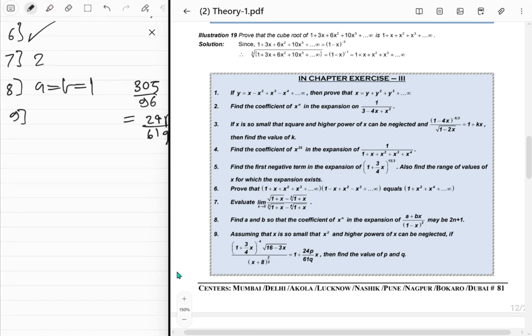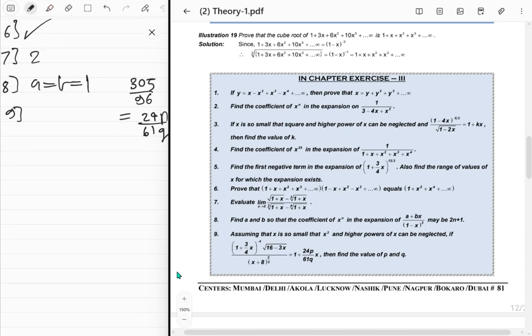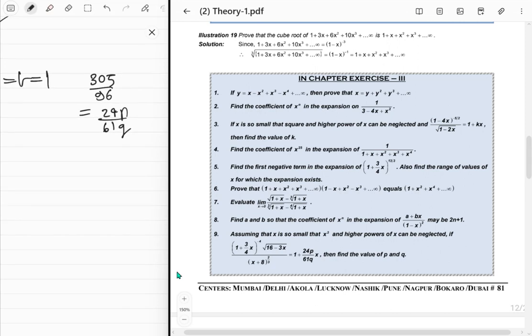Okay. Let's figure out what this is going to be. Okay. So q upon p is equal to, I'll just go with p upon q, whatever. 61 times this thing upon 24 times that. How is this helping? 305 into 61 upon.